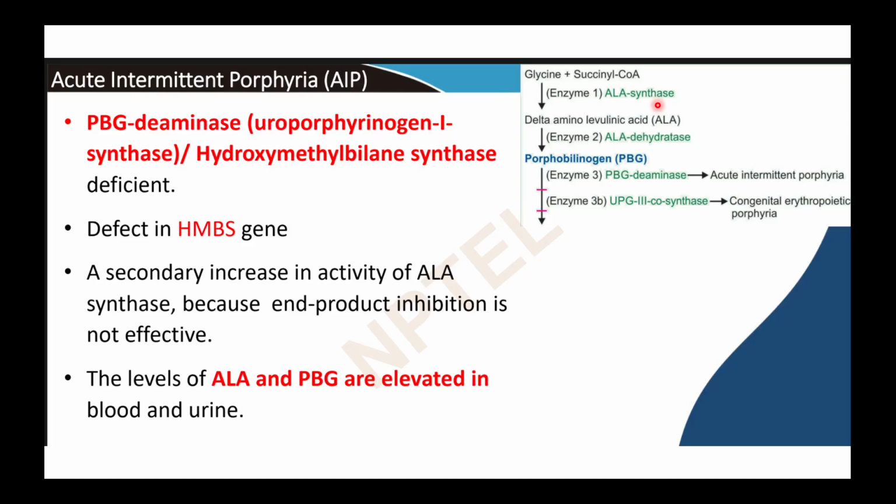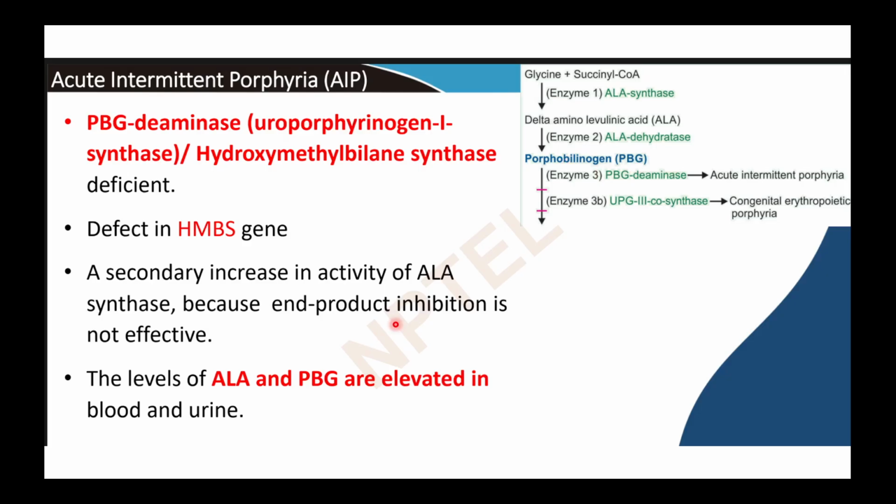So there's no molecule that can inhibit ALA synthase because heme was going to inhibit the ALA synthase, and now that heme synthesis is not happening, increased activity of ALA synthase occurs, and since ALA synthase activity is increased, levels of ALA and PBG both are elevated in the blood and urine.